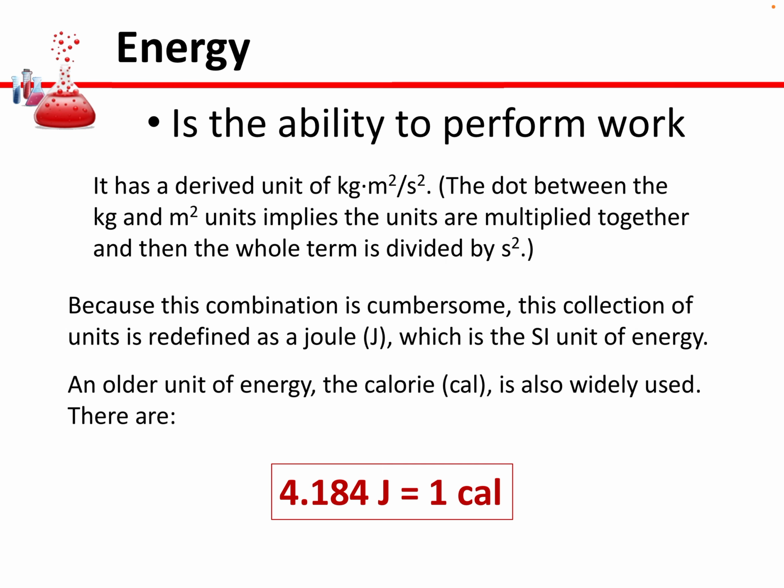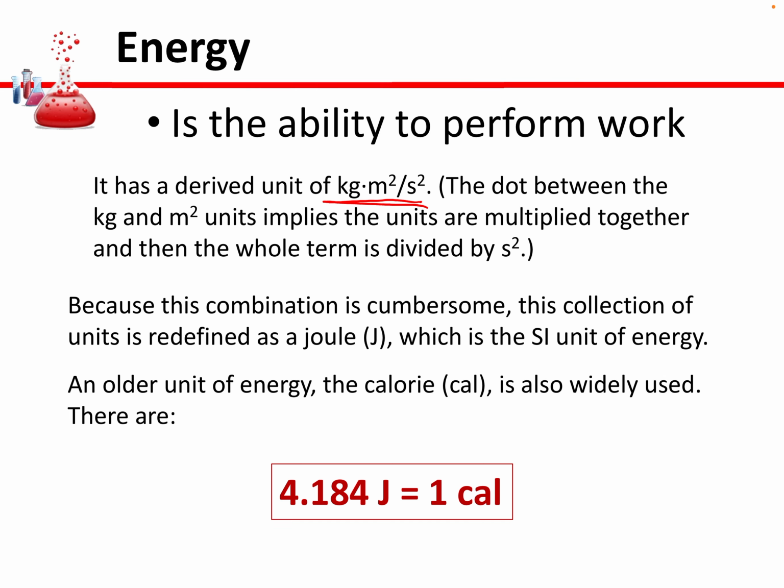All right. So energy is our ability to perform work. In the SI units, we use joules. In our English system, we use the calorie. This is also a derived unit: kilogram times meter squared over second squared. So it's like how far can you move a heavy object in a second squared, right?